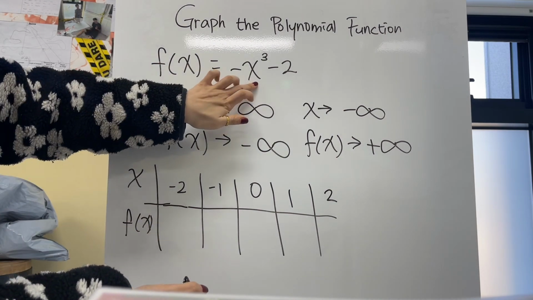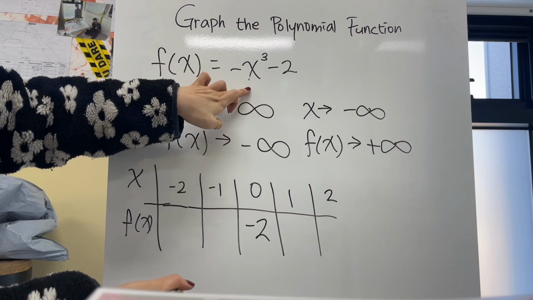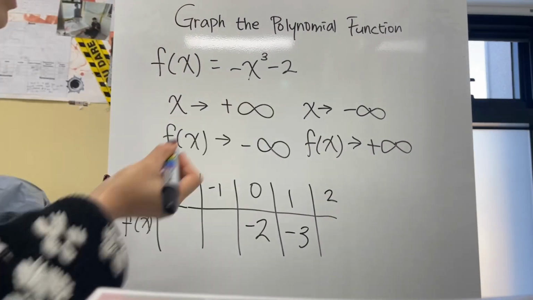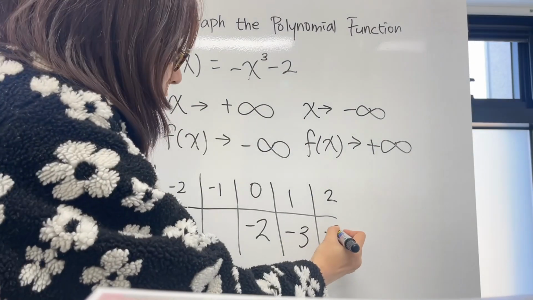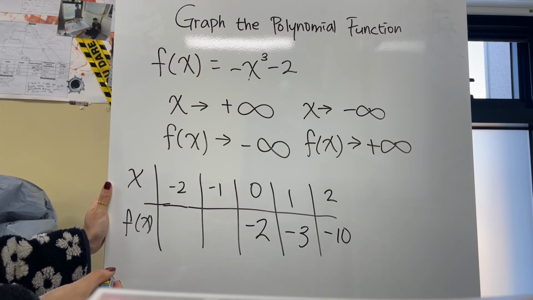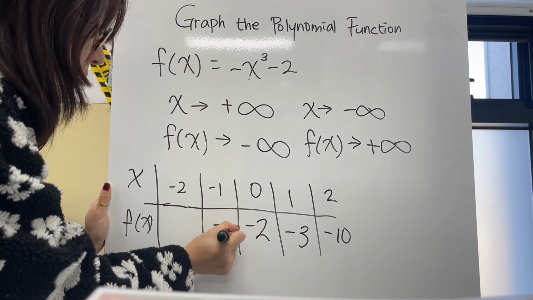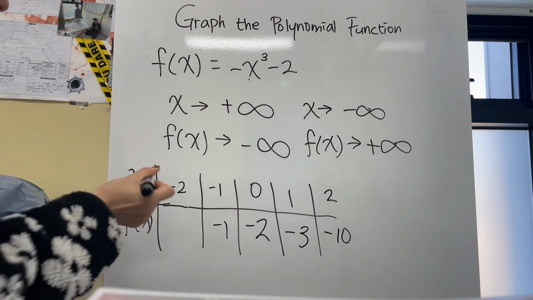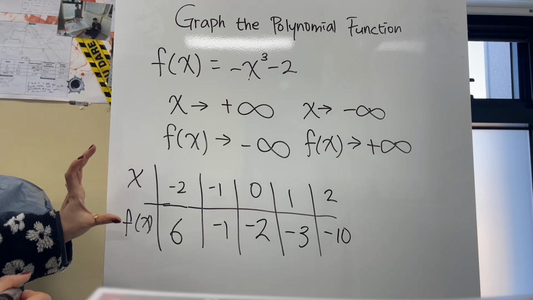So when x is 0, obviously we would get -2. And when x is 1, we would get -3. When x is 2, we would get -10. And when x is -1, we will get +1 minus 2, which is -1. And when it's -2, we will get +8, so 6. So these are the values that I have.